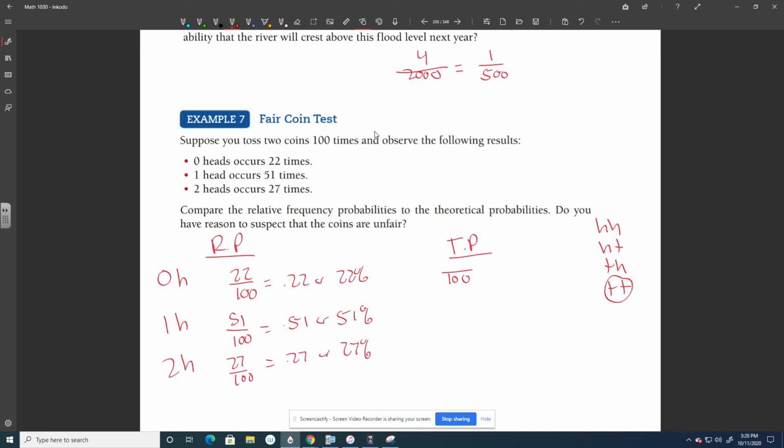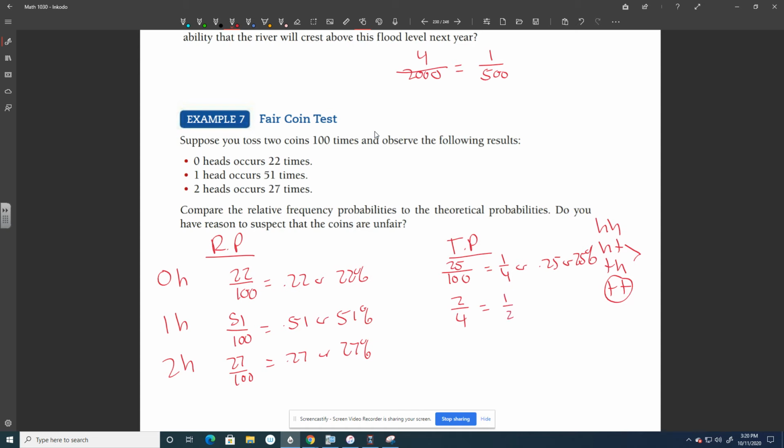So one of those 4 doesn't have any heads at all. So out of 100, if I'm 1 out of 4, that's 25 out of 100, which is 1/4 or 0.25 or 25%. That's pretty close to what actually happened. Not exactly, but it shouldn't be, because this is theoretical, this is actual, but it's pretty close. I can get 1 heads 2 different ways out of 4 possibilities.